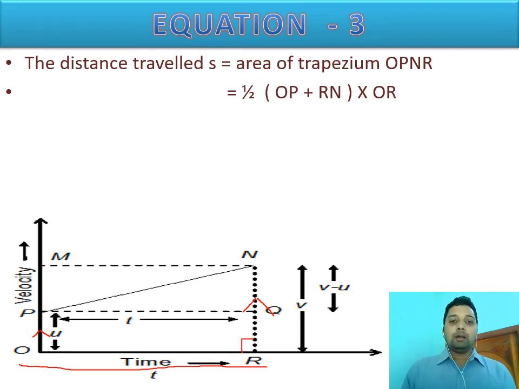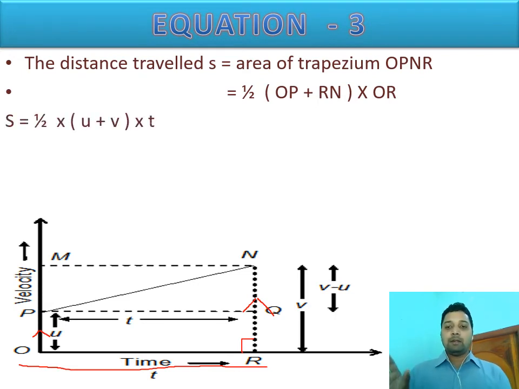So we got half into A plus B into H, where A plus B is the sum of two parallel sides. But in this equation it will come half into OP value, which is U. Why can you say OP value is U? Because P value is U, O value is 0, so U minus 0.